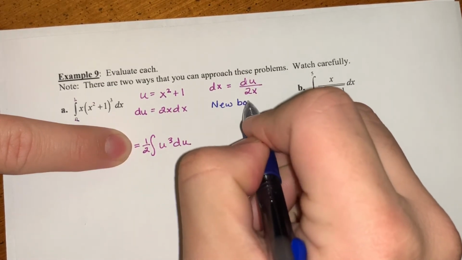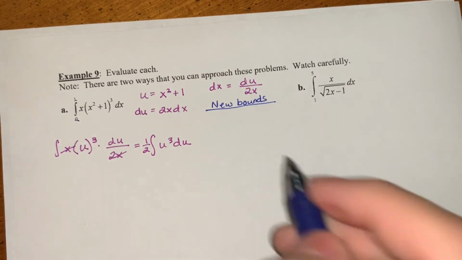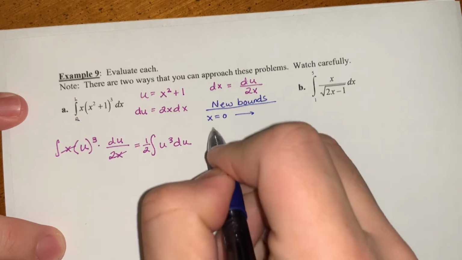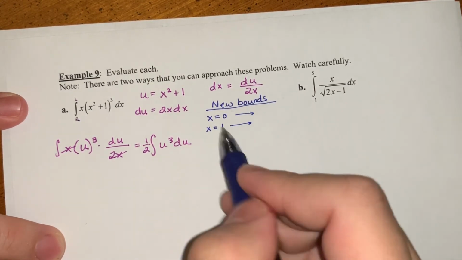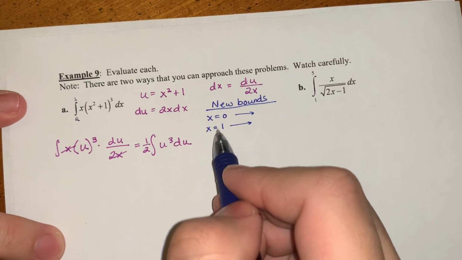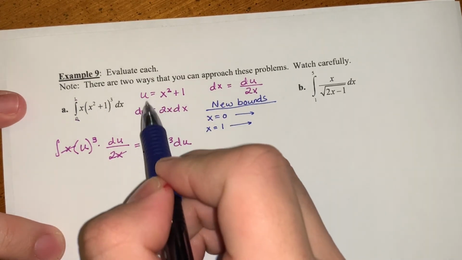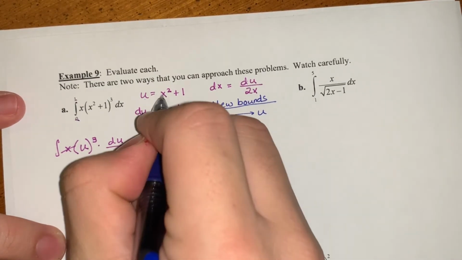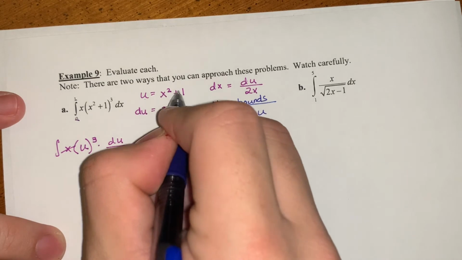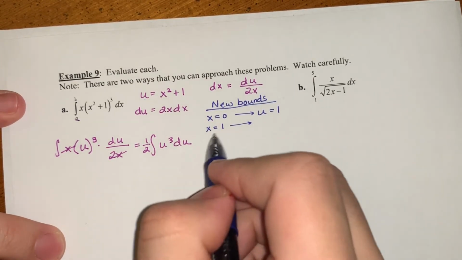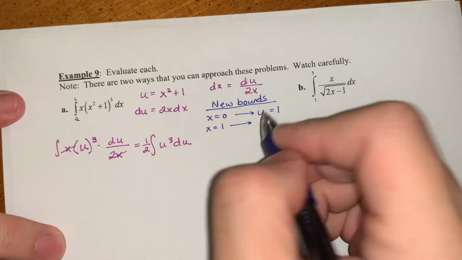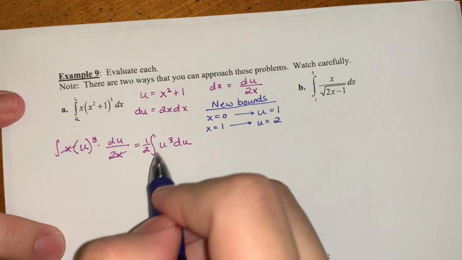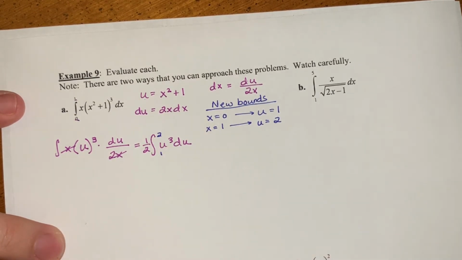When x is equal to 0 and x is equal to 1, what are the corresponding u bounds? Well, u is equal to x squared plus 1. So for x equals 0, my u bound is 0 squared plus 1, which is just 1. For x equals 1, my u bound is 1 squared plus 1, which is 2. So these are the bounds that I'm going to use for my integral: from 1 to 2.